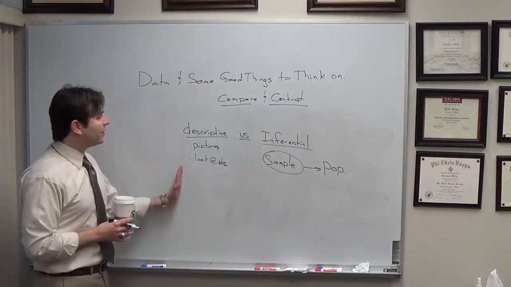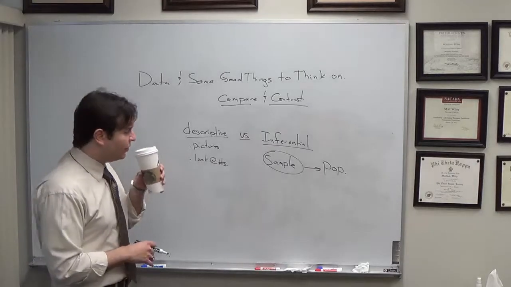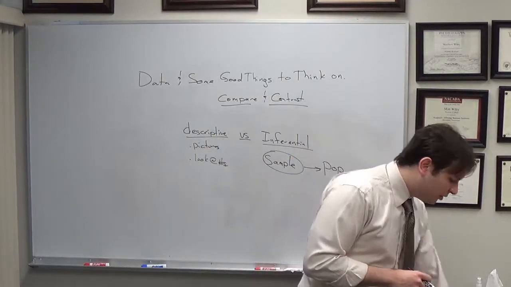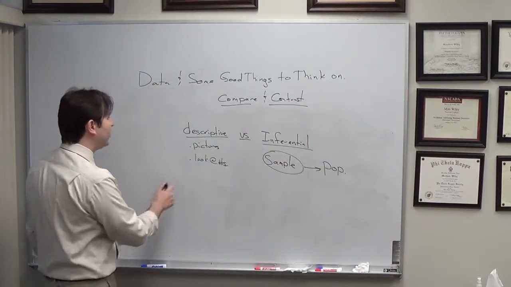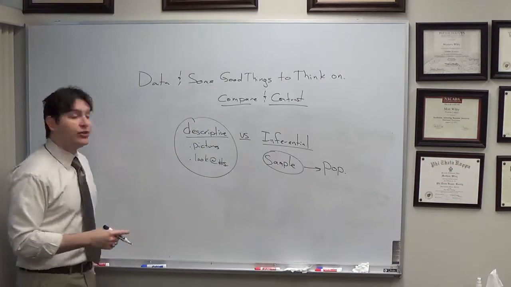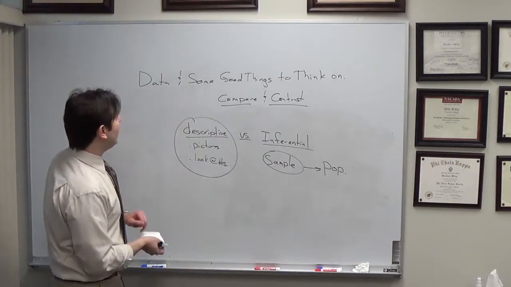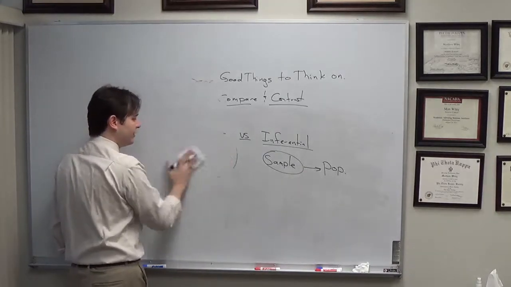But before we can get there, we have to be able to describe sort of our raw data and take a look at that. So, let's take a look at some raw data. Let's take a peek at what it would look like if we were to start trying to describe some interesting things. And let's see, I guess I will erase all of this so that we've got some areas to look at.